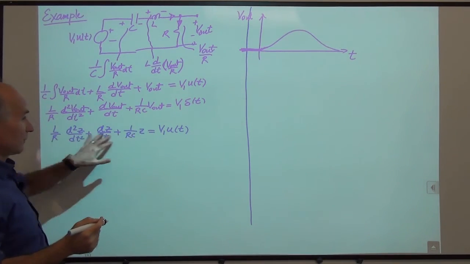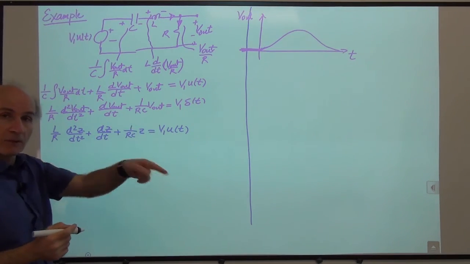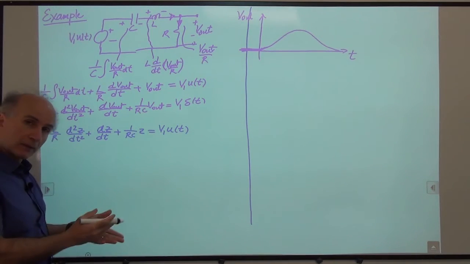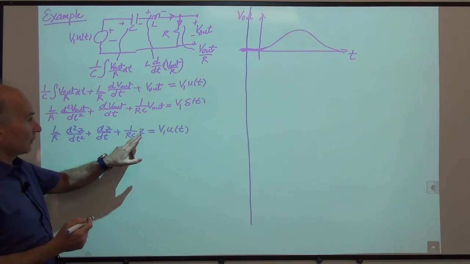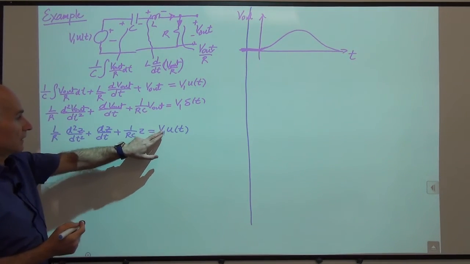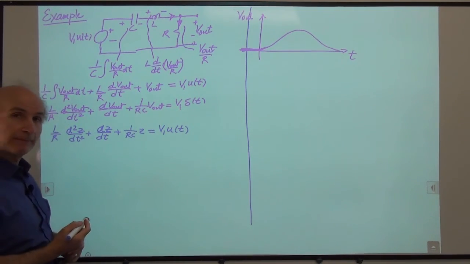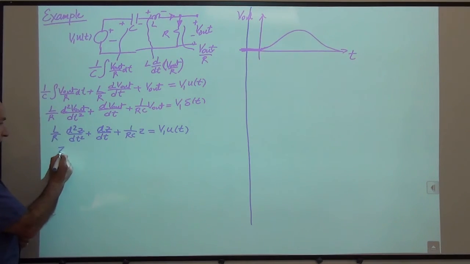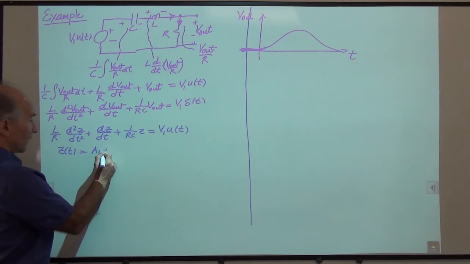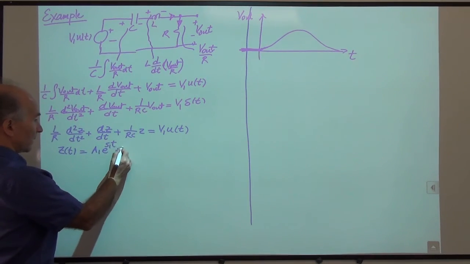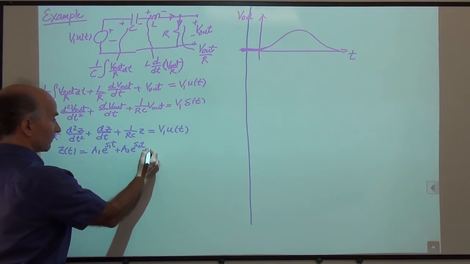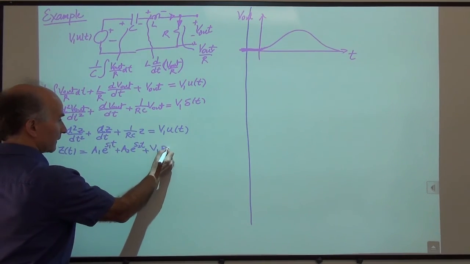And now I can find an expression for z, just like before, just like the previous problem, depending on whether it's overdamped, critically damped, or underdamped. The only thing is that I have to remember that z at time infinity is not 0, it's V1 times RC. So for example, z of t is equal to a1 e to the s1t plus a2 e to the s2t plus V1 times RC.